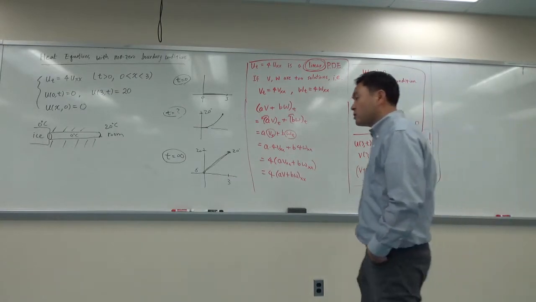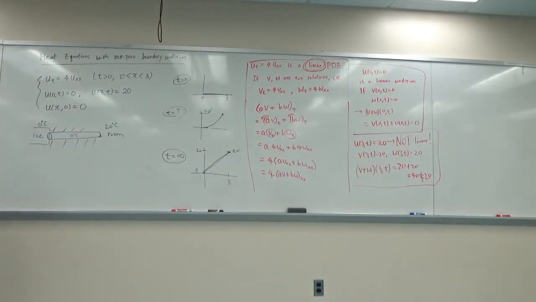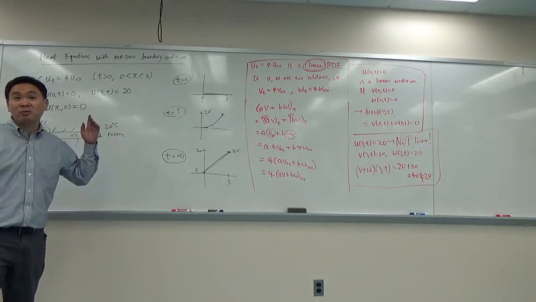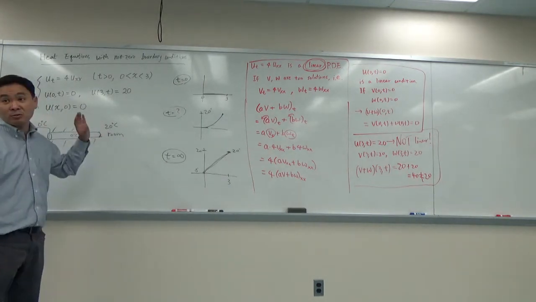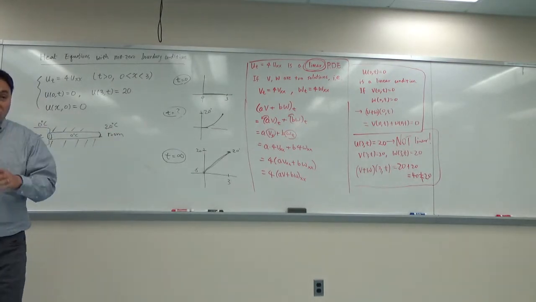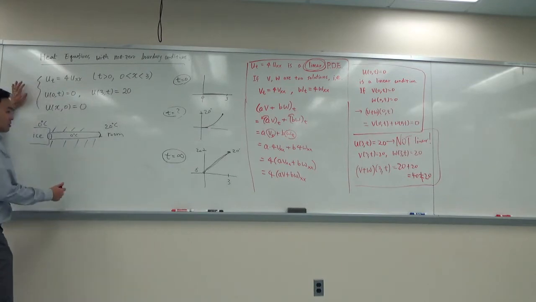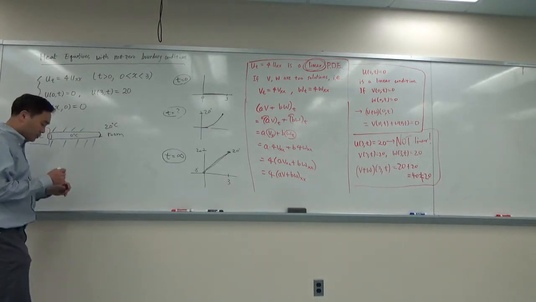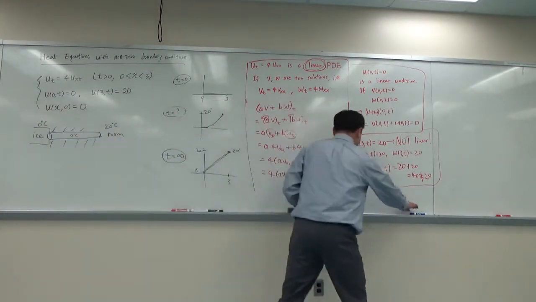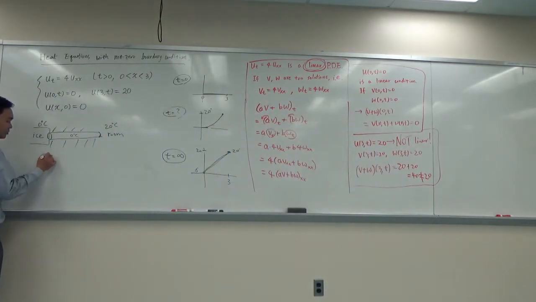Now, why is linearity desired? Well, we desire it because, at least for the previous solutions, it allowed us to build more complex solutions from simple ones. So remember how we did it when this was 0. We first did separation of variables.